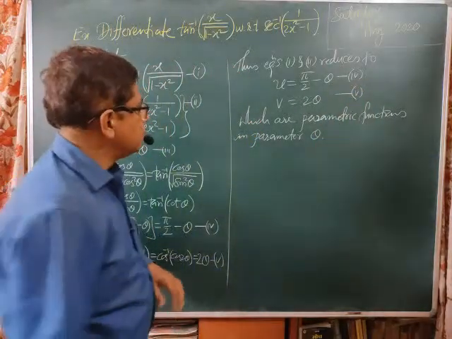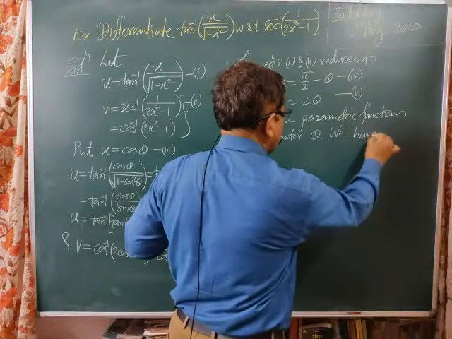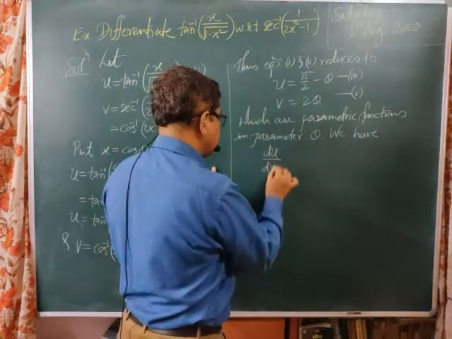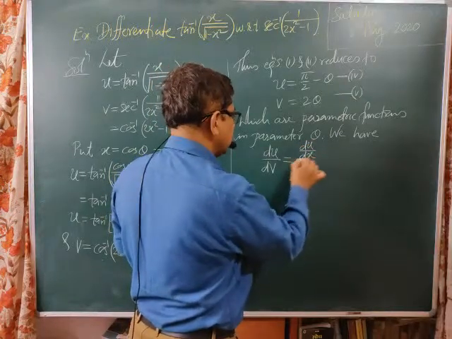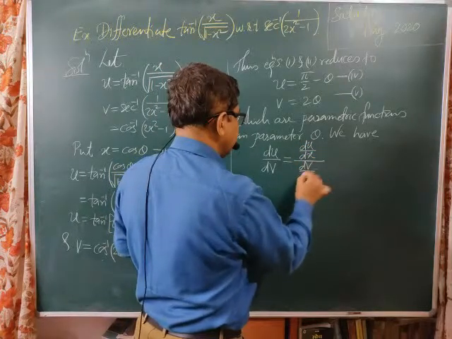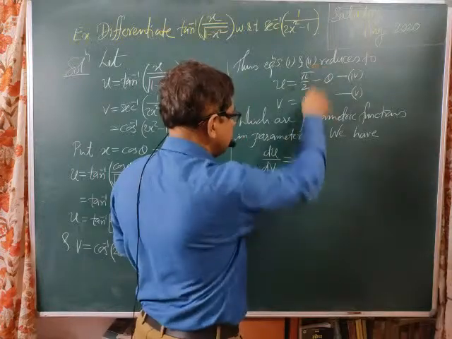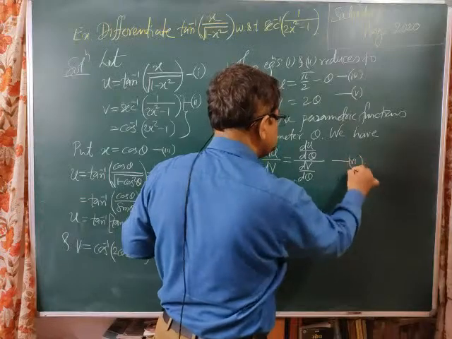Okay, so we have du by dv is equal to du by dx divided by dv by, not dx, it is d theta, because parameter is theta there instead of x. So I will consider this as number 6.